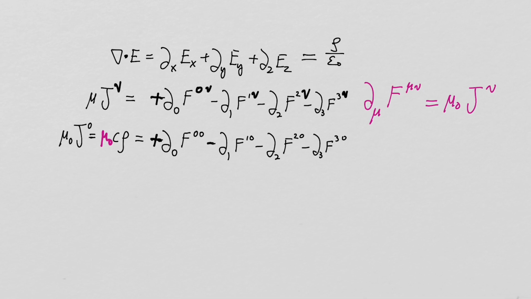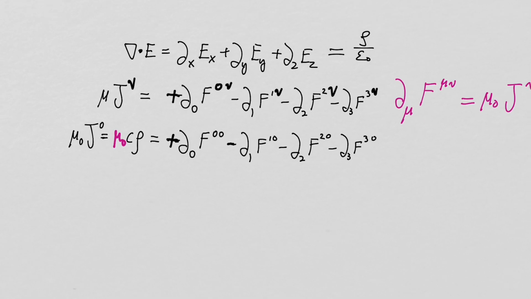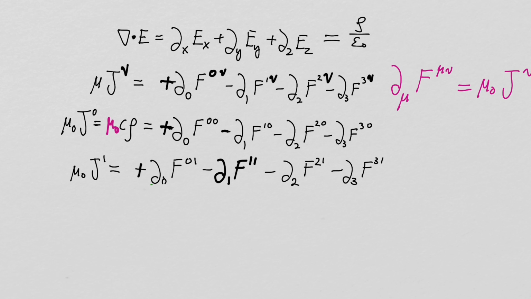And the next one, well, if setting index 0 is so helpful, why don't we just set the index equal to 1 and see what happens, right? So now we take this new index and set it equal to 1, and we examine what we've got here. We know that this term is going to go away because it's the diagonal term in the electromagnetic field tensor, which is antisymmetric.